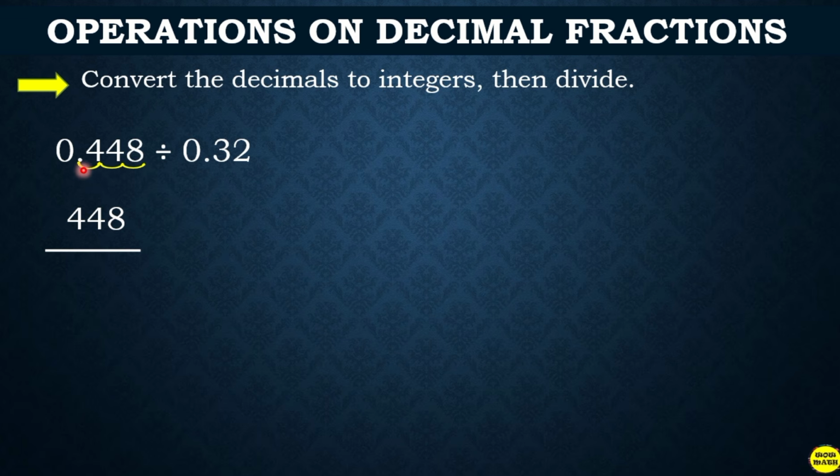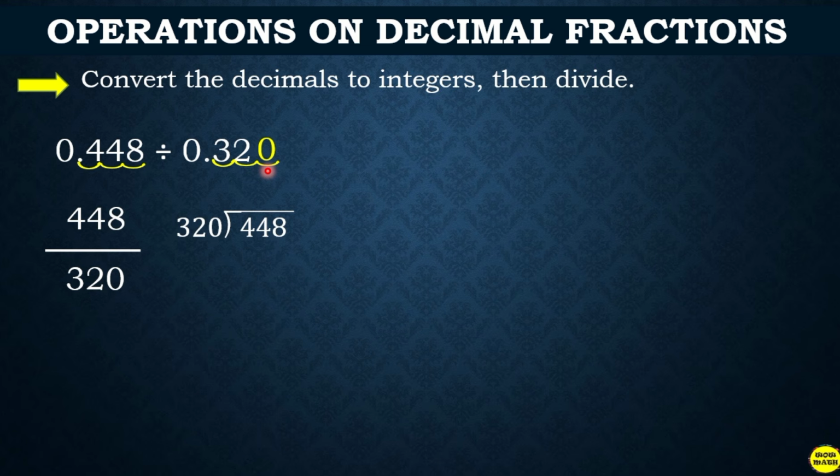So, since 3 times tayo nag-move dyan, 3 times din dito. So, 1, 2, 3. Okay? So, magdadagdag tayo ng 0 kasi meron tayong bakante dito. So, we have 320. So, we can now divide 448 divided by 320.